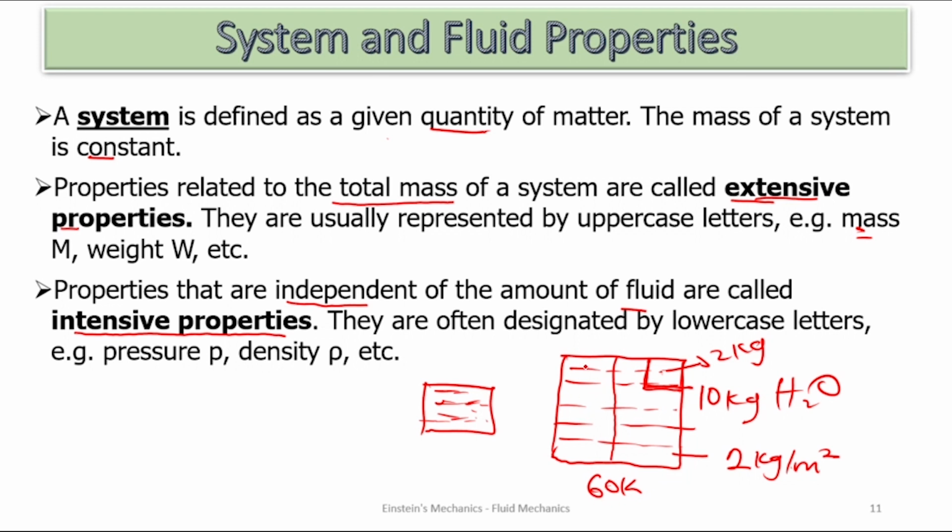If you have hot water and you take a portion of the hot water, that portion will have the same temperature as the total. So in order to get the understanding, the intensive properties are independent of the mass. If you take a small portion, the properties remain the same, and we have the pressure, the density, and the temperature. They do not depend on the mass.